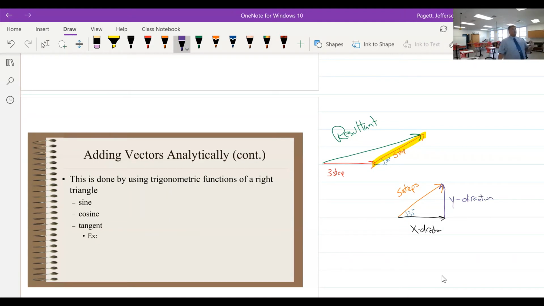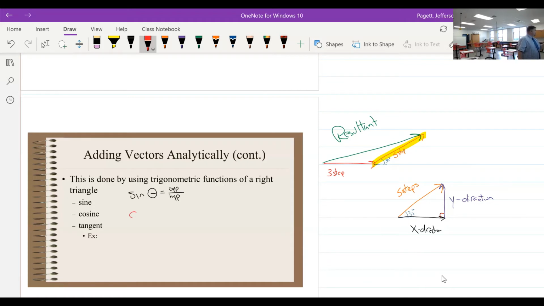Since this is a right angle, I've created a right triangle, so I can use my trigonometric functions, sine, cosine, and tangent, to find out what these are. You'll find these in your reference tables, but remember, sine of your angle, and theta is the symbol I use for my angle, is equal to the opposite over the hypotenuse.